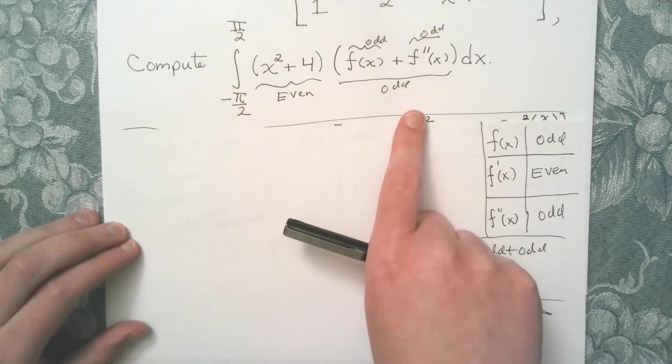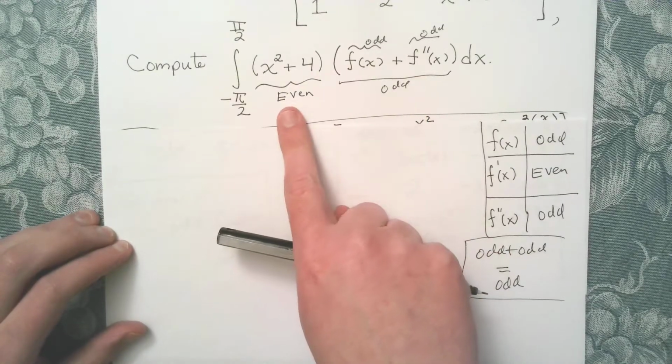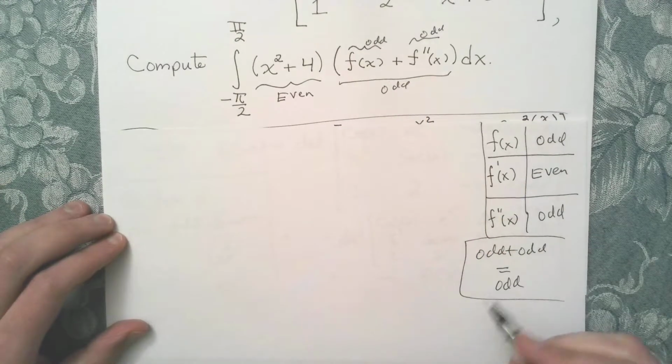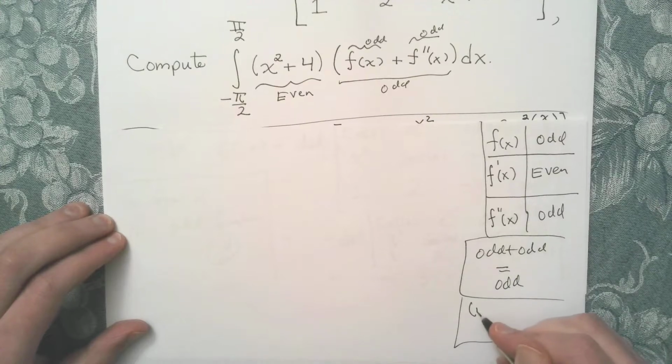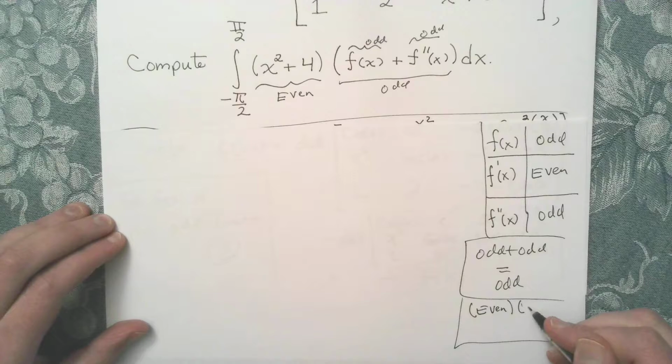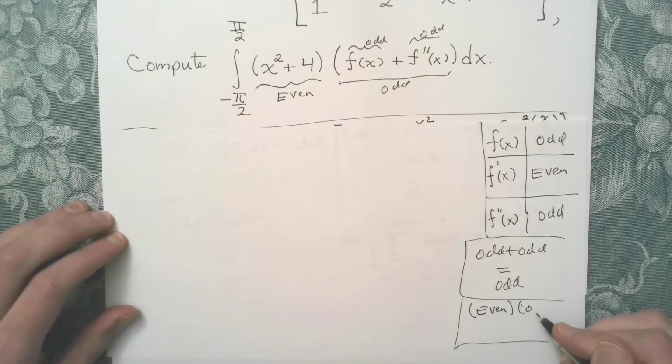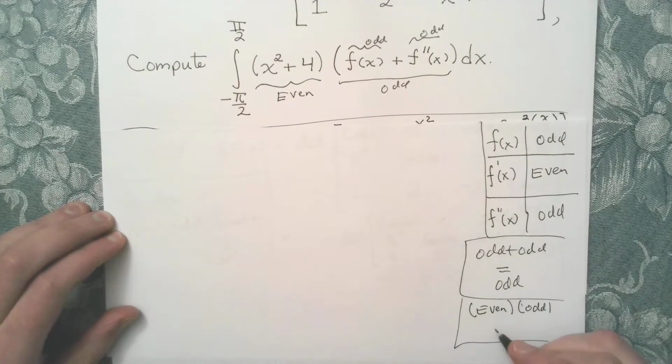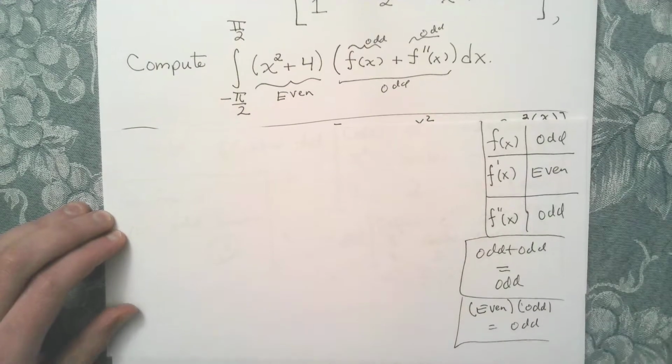So now we've got a product, right? We've got this product of an even function and an odd function. And from the recall, one of the exercises was to prove, which isn't too difficult, that an even function times an odd function is an odd function.